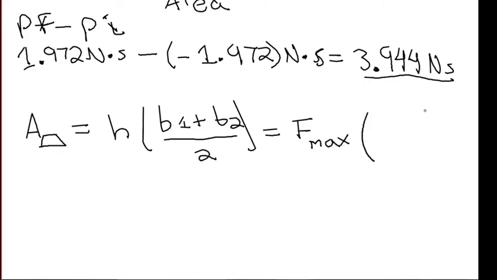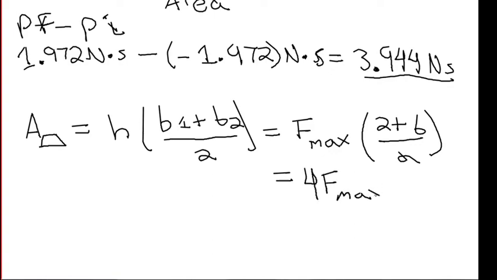And then the two bases, well, we've got the top base is 2 plus the base at the bottom. So when I say bases, I mean the two parallel sides, divided by 2. So I've got 8 divided by 2, is 4 times F max. So 4 times F max is going to be the area underneath the F versus time graph.